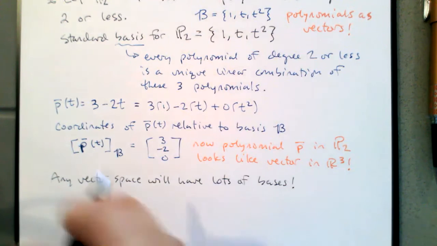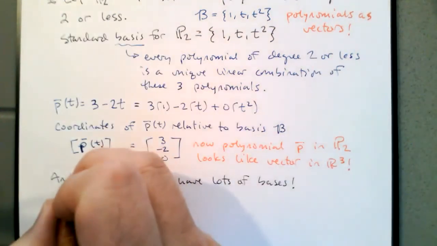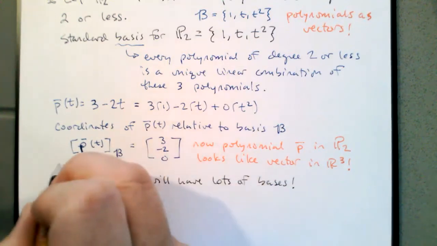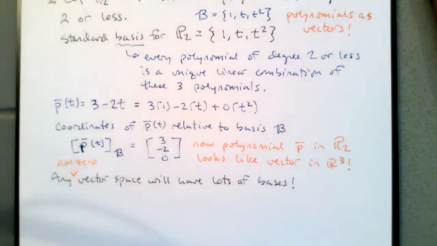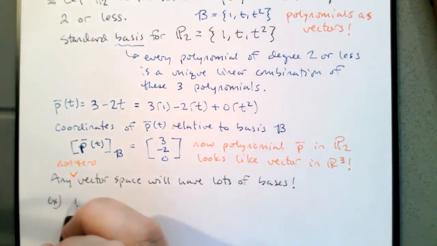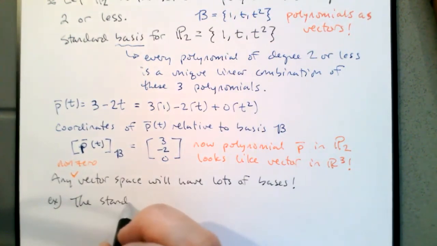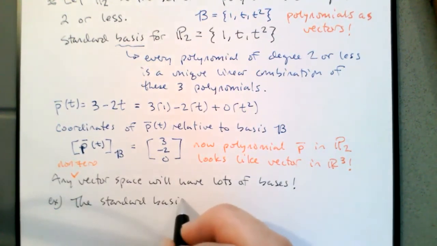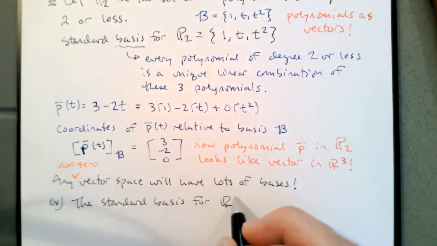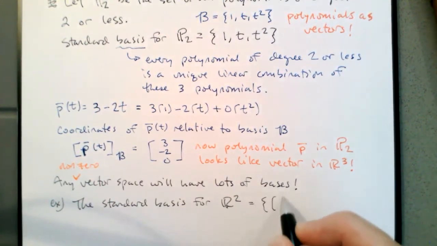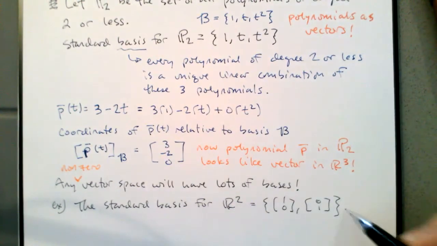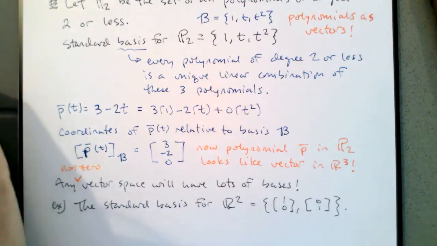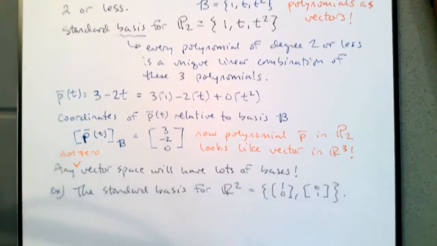Any vector space, some of you are going to start being picky at me too. Any non-zero vector space will have lots of bases. So for example, the standard basis for R2 is 1, 0, 0, 1. R2 is 2-dimensional. I need 2 linearly independent vectors from R2, and that will be a basis for R2.